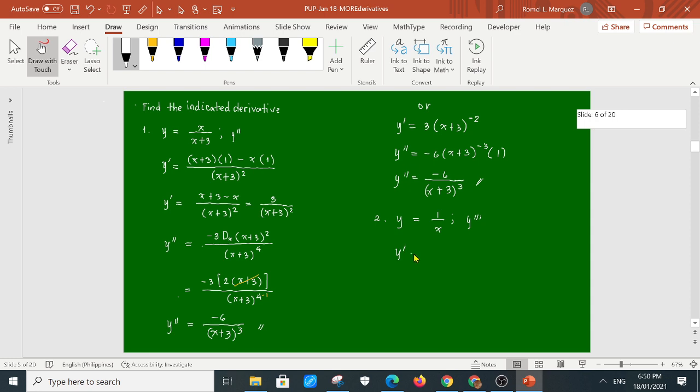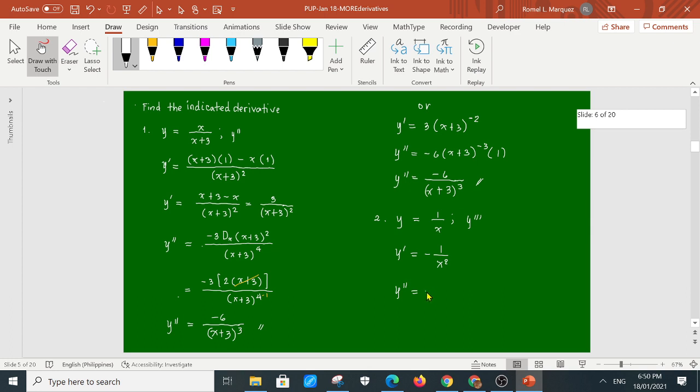What is the first derivative? Negative 1 over x squared. Why, guys? Constant over function. Negative 1, derivative of the denominator is 1, all over the square of the denominator. Okay, guys? Second derivative. We can move it up as x to the negative 2, or we can also retain it.